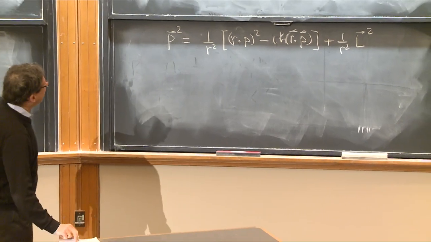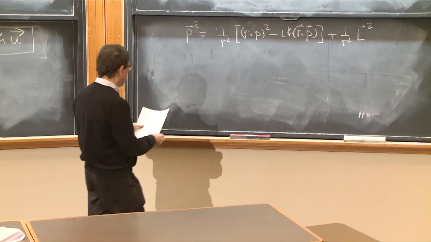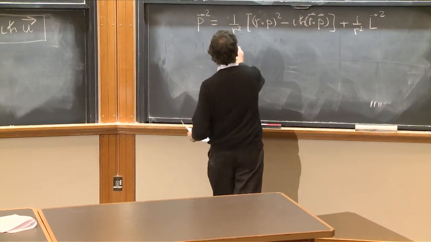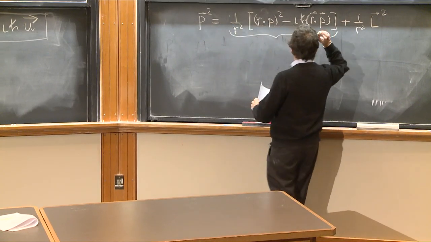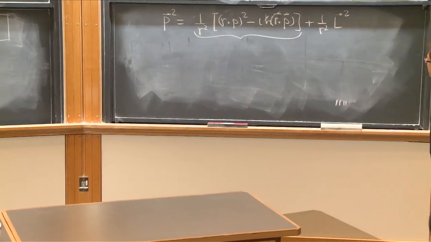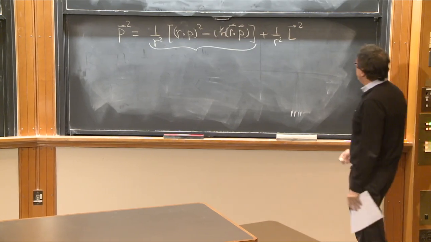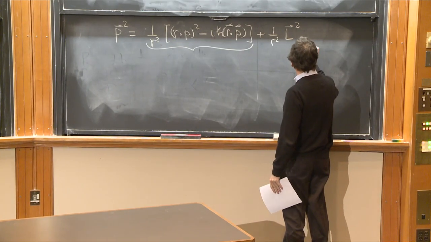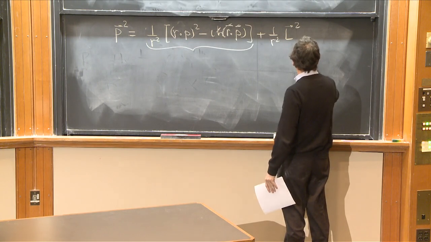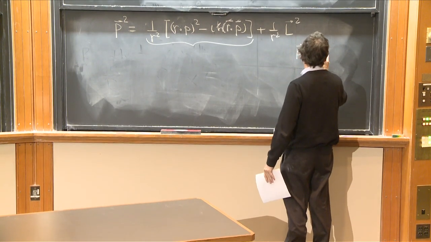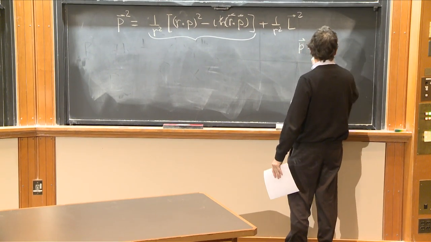Now, what is this? Well, this is a simple computation when you remember that P vector is h bar over i gradient.